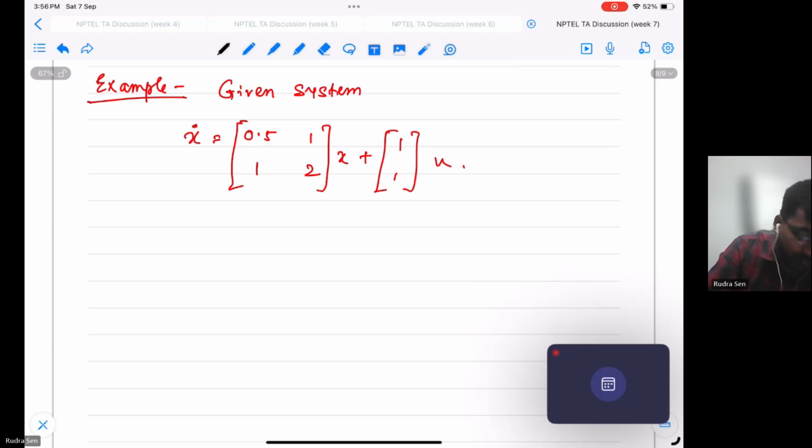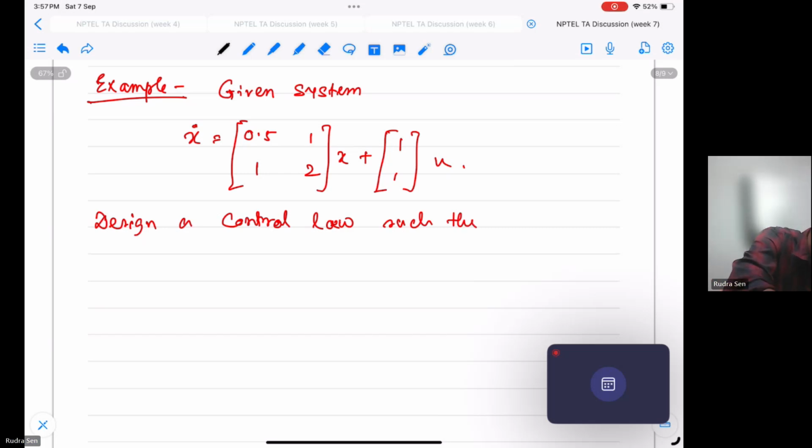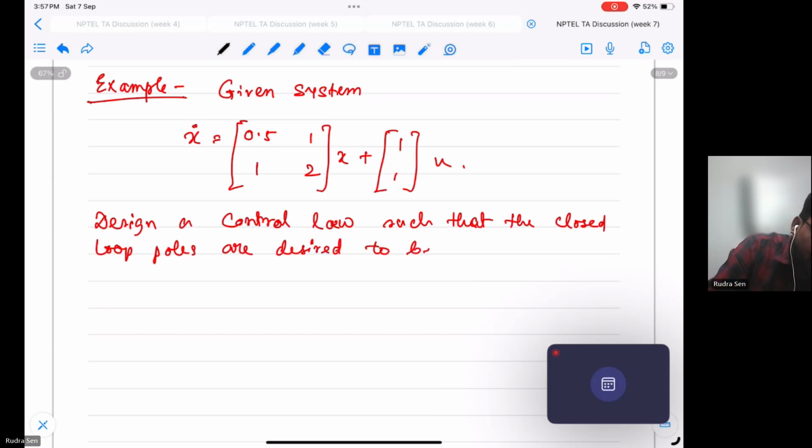Then design a control law such that the closed loop poles are desired to be located at, say, s equals -1 plus minus j.